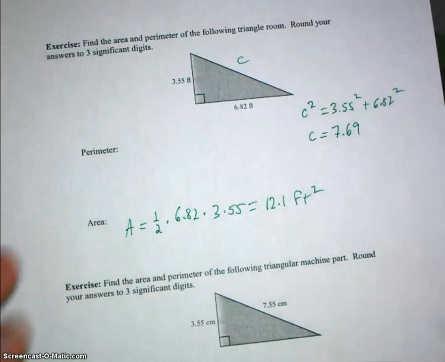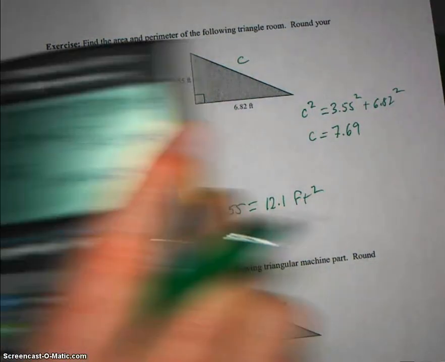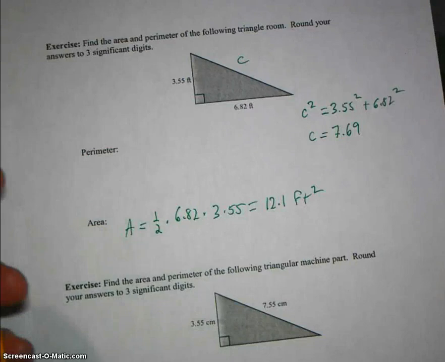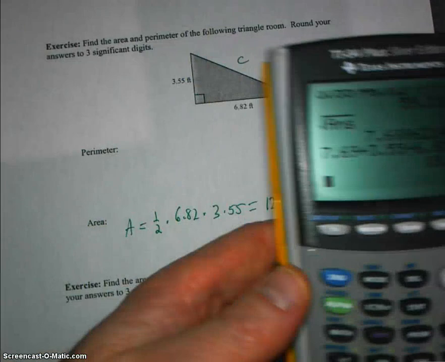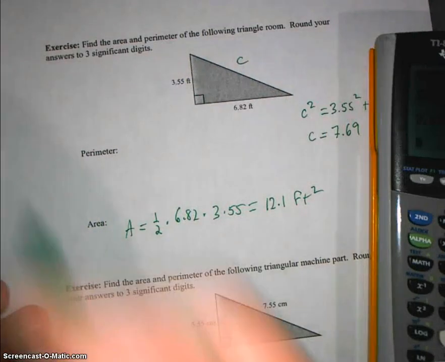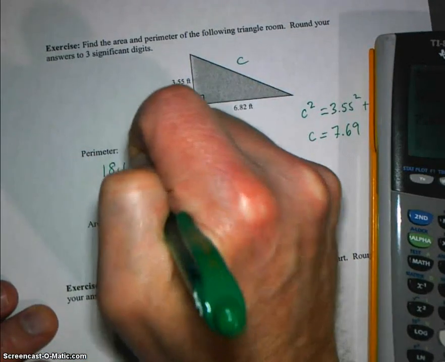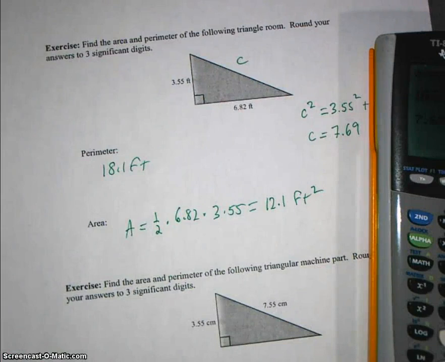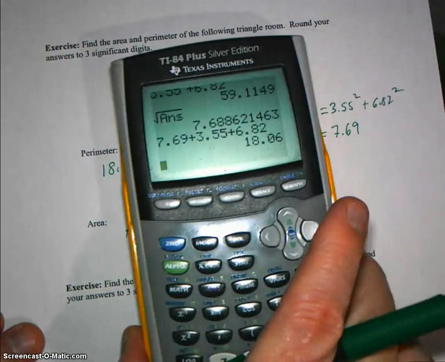Because it said to round to 3 significant digits, so it makes sense to only give 3 significant digits there. So my answer is 7.69 plus 3.55 plus 6.82. Calculator says 18.1 feet, rounding to 3 significant digits.